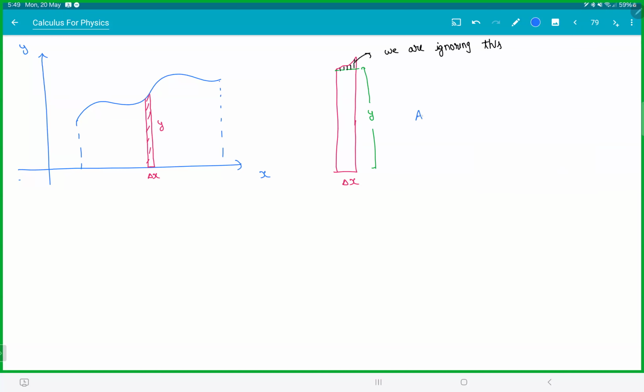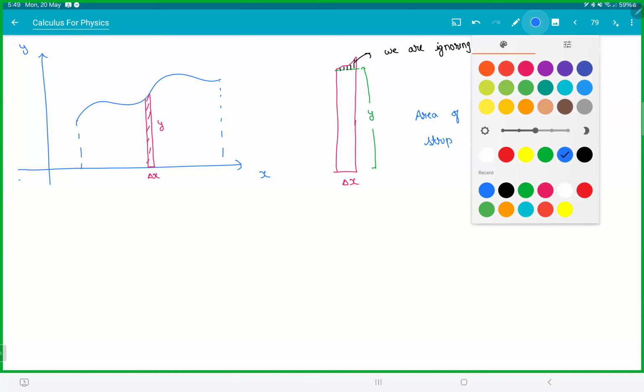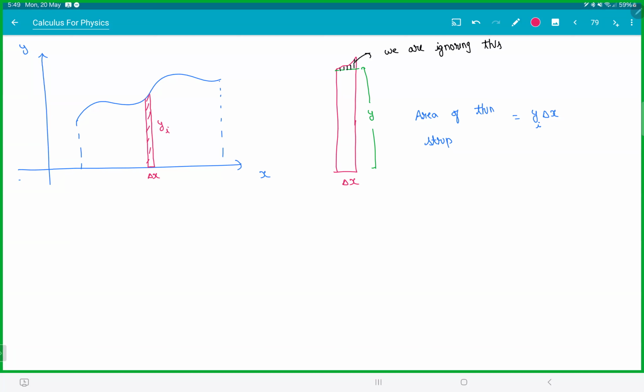And here we'll say the area of this thin strip is y into delta x, or you can say y subscript i. So basically at a distance xi, the height is yi.